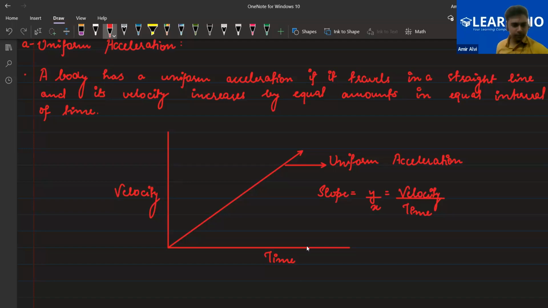Yes or no? Your slope is the ratio of the y-axis to the x-axis, so it is giving you velocity by time, which is acceleration.